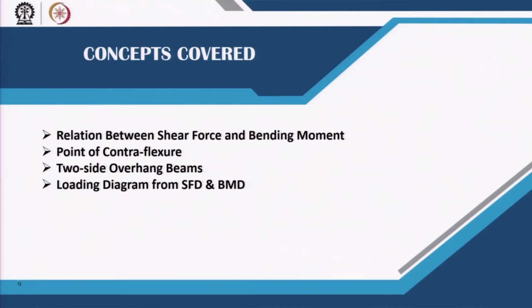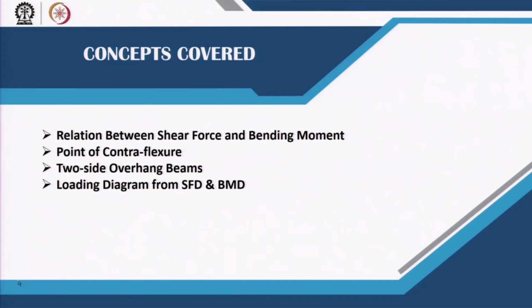First we have to see what the relation between the shear force and the bending moment is, and then the concept of the point of contraflexure, what it is, and how it is important from the structural engineering point of view.